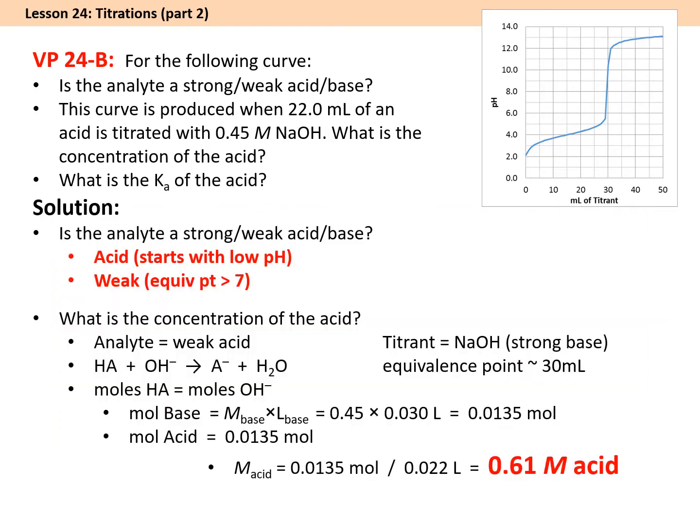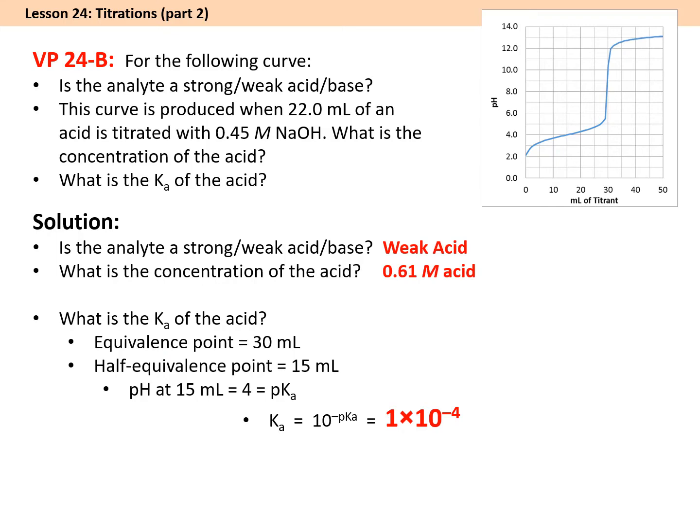Okay, here's the solution one more time. We always start off by saying what's my analyte, what's my titrant. Okay, then I use the equivalence point to find the moles of the titrant. In this case, this is of the base. I use the fact that at the equivalence point, moles acid equals moles base, and from there I can figure out concentration.